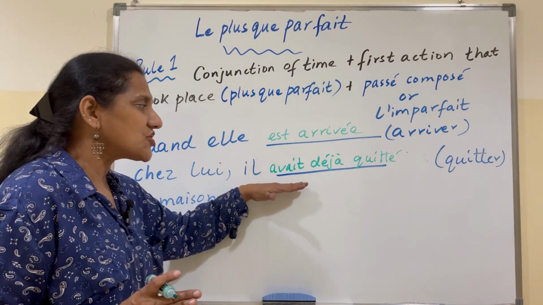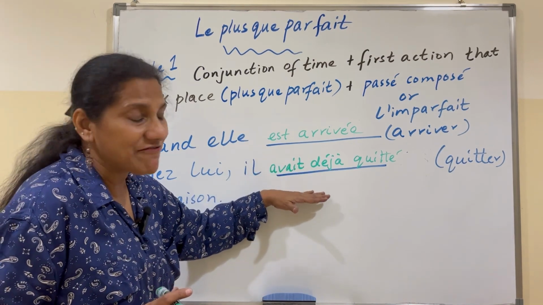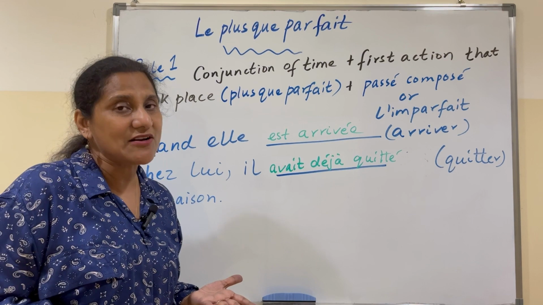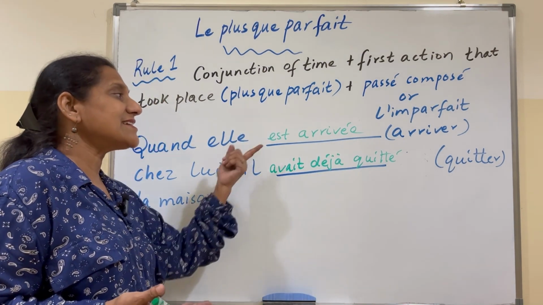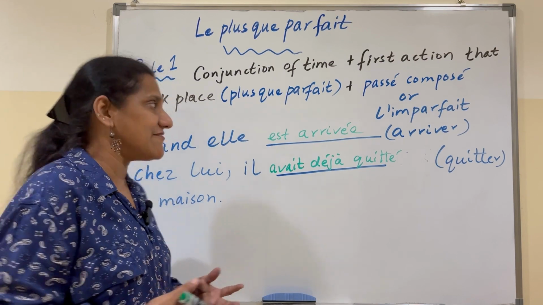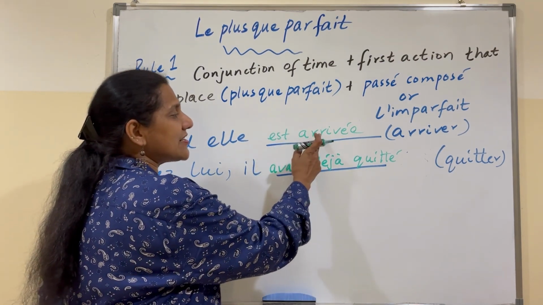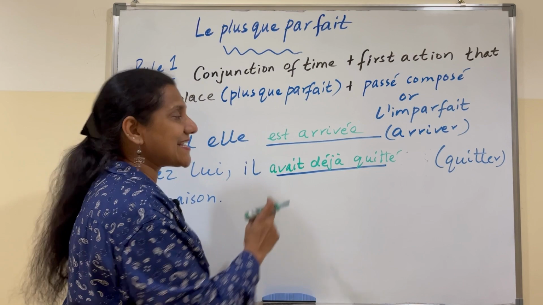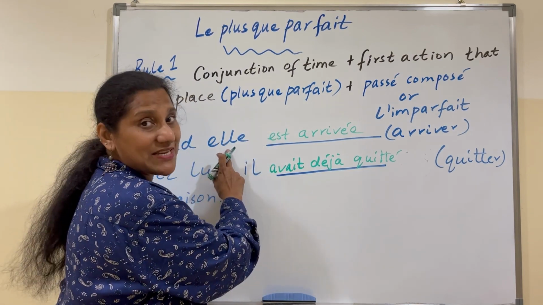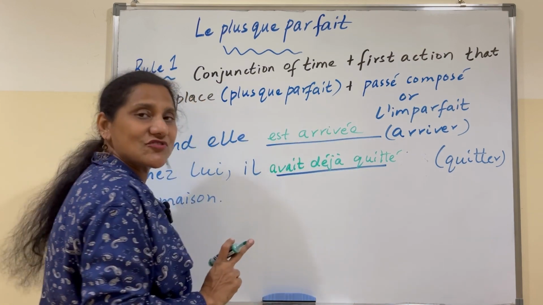So the first action is going to be in plus-que-parfait, and the second action is going to be in passé composé or l'imparfait depending on the situation. In this sentence, it indicates it's a one-time action where she arrived. And why are we using être here? Because arriver is a verb that takes être as auxiliary, and elle, the subject pronoun, is feminine, so we need to add an extra E.